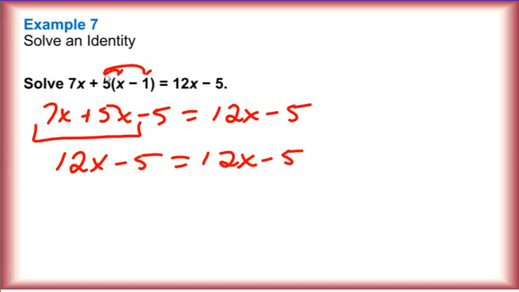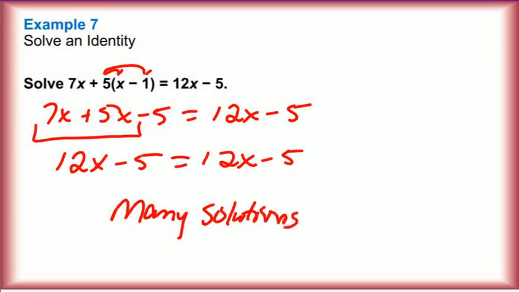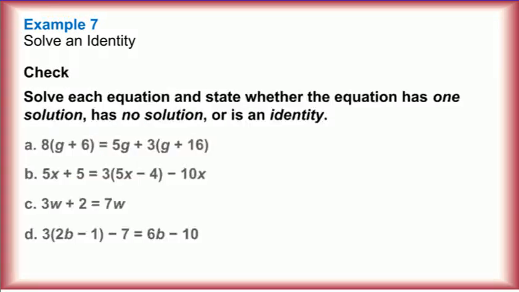Now when both sides of the equal sign are identical, everything's exactly the same, that means this is many solutions. Or you can say this is an identity. Now if you were to subtract 12x on both sides and add 5 to both sides, you would have 0 equaling 0. As long as a number equals itself, it's an identity.